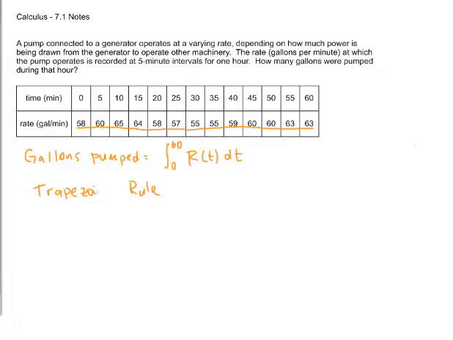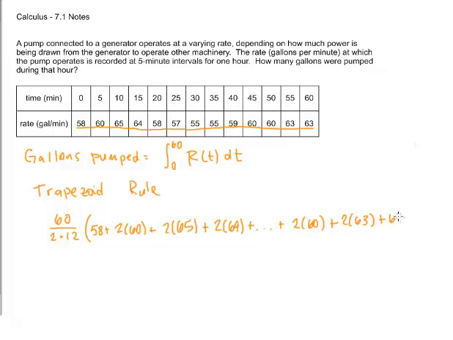And so what we're going to do is follow that rule, which is going to be the total time it takes, which is 60, divided by 2 times the number of intervals, which is 12, and then times, and don't forget how the trapezoid rule works, it's going to be that first guy, plus 2 times the second guy, plus 2 times the third guy, plus 2 times the next guy, and all the way through the problem, all the way till you get towards the end where you're going to have 2 times 60 plus 2 times 63 plus 63.